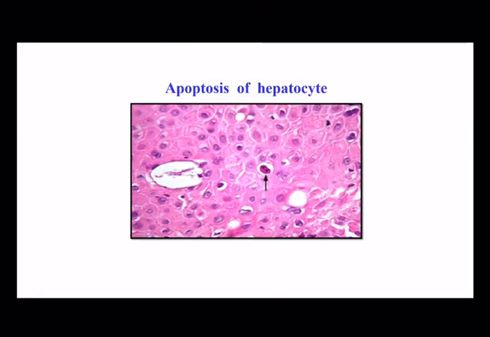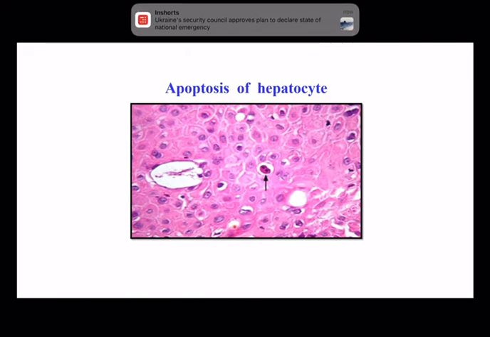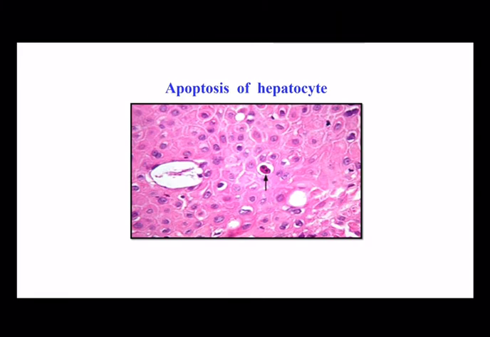This picture shows the squamous epithelium. Here is an apoptotic cell. It is smaller and separated from surrounding normal cells. The nucleus is condensed and the cytoplasm is eosinophilic.